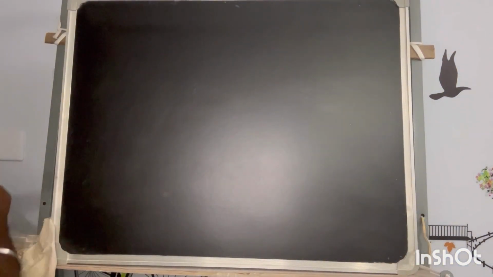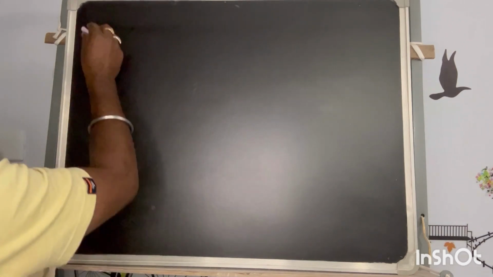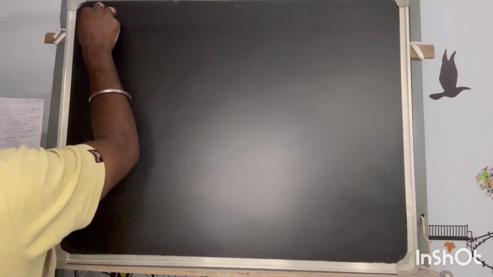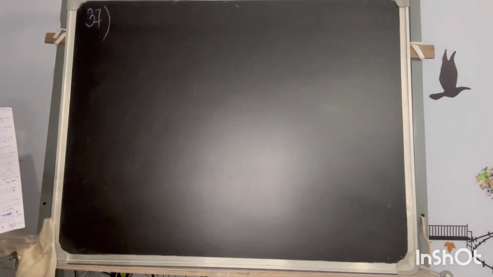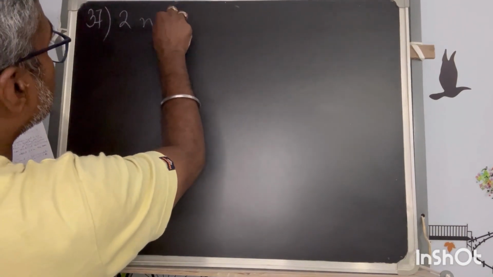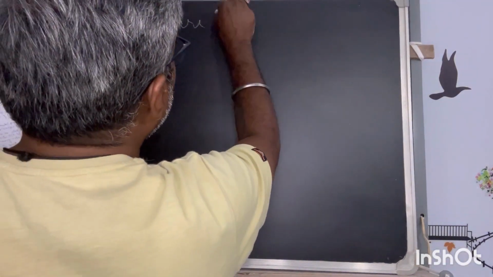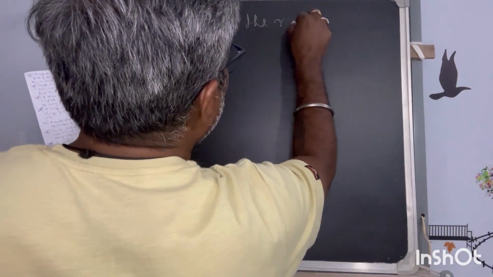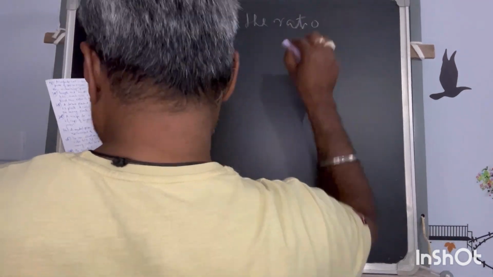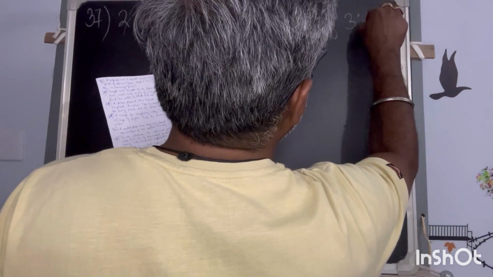And the next is number 37. Two numbers are in the ratio of 3:4.